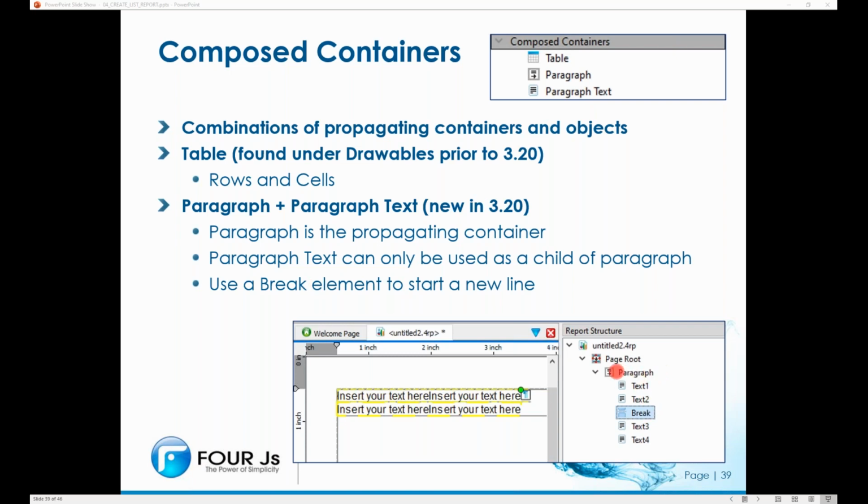The only things that go into a paragraph are these text elements, and they run one after another unless you force a paragraph break, and then the next text starts on that new paragraph.